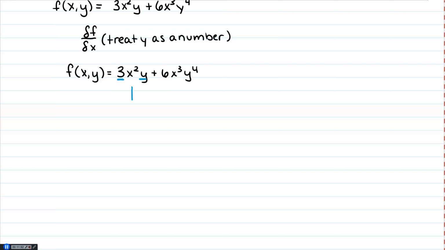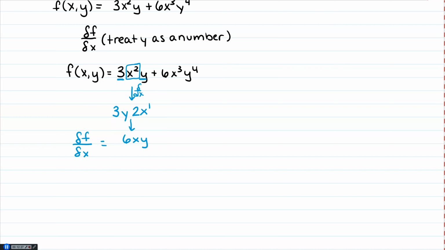So when I take the derivative, I'll have the 3 and the y, and then I'll just do the derivative of x squared with respect to x. So that would be 2x to the first. So this first term, when I'm taking the partial of f with respect to x, would be 3y times 2x, which makes 6xy. Normally you put the letters in alphabetical order. It doesn't actually matter, but just customarily.